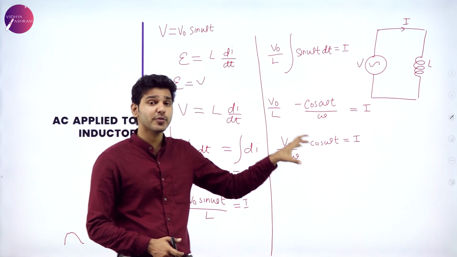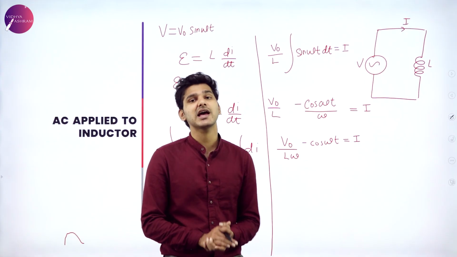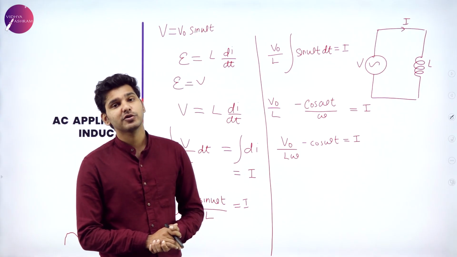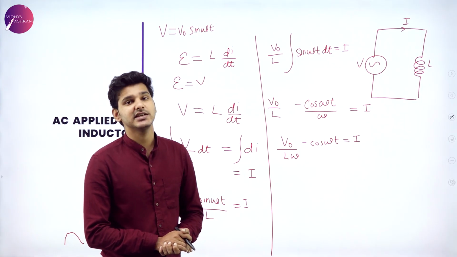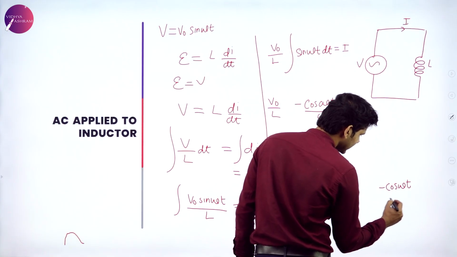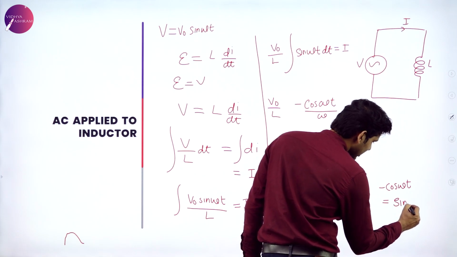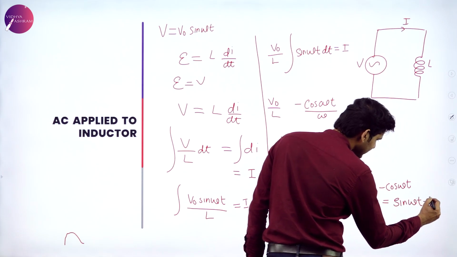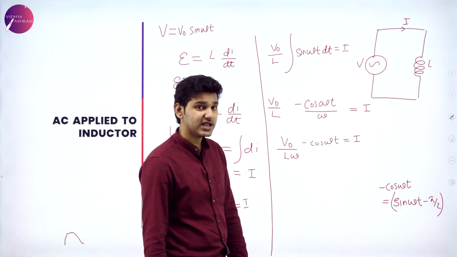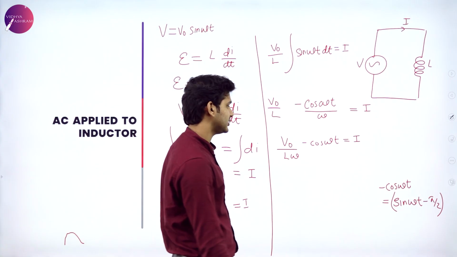So minus cos omega t, just by using a trigonometric identity, we can write it as a sine component. For that, I'm going to apply the trigonometric identity, that minus cos omega t is actually equal to sine of omega t minus pi by 2.